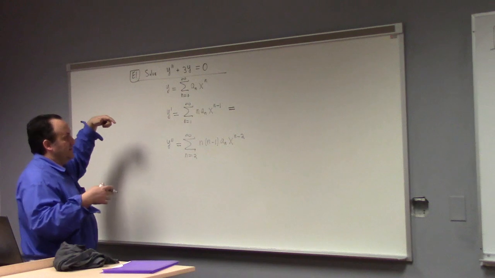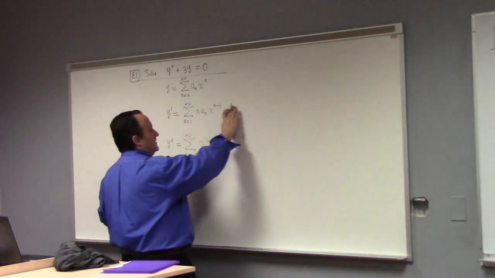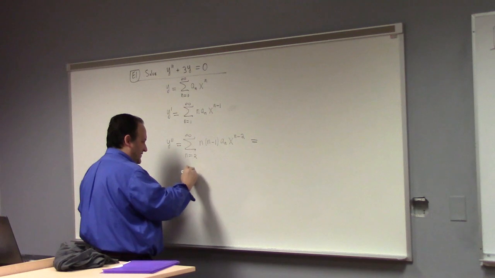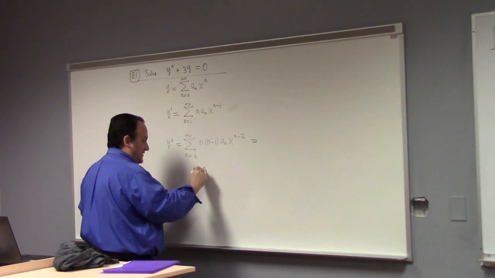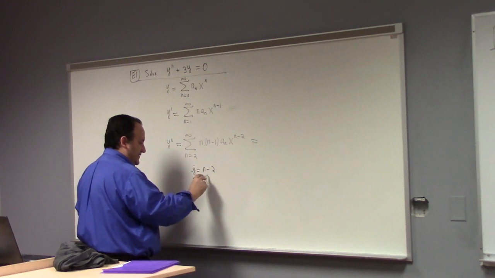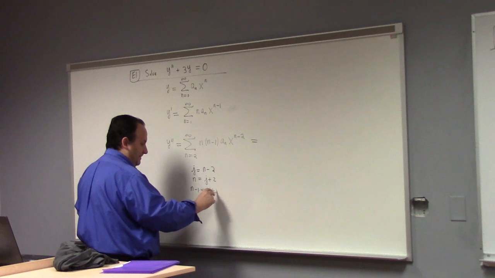When we get to the stage of combining them, it's going to be useful to change the index. So let's do it on this one. Let's say j equals n minus 2. If I do that, then n is equal to j plus 2, and n minus 1 is j plus 1.